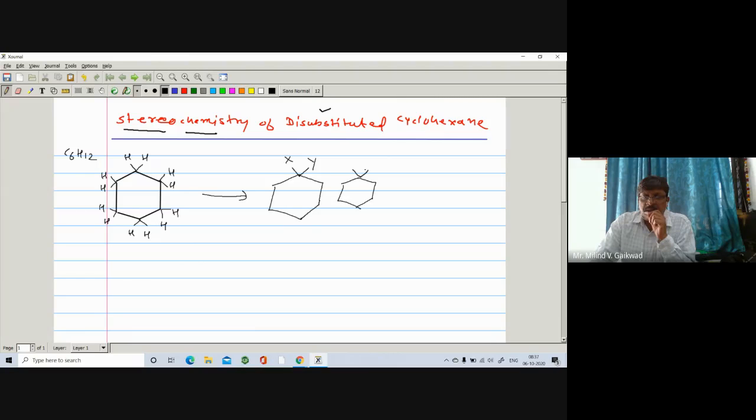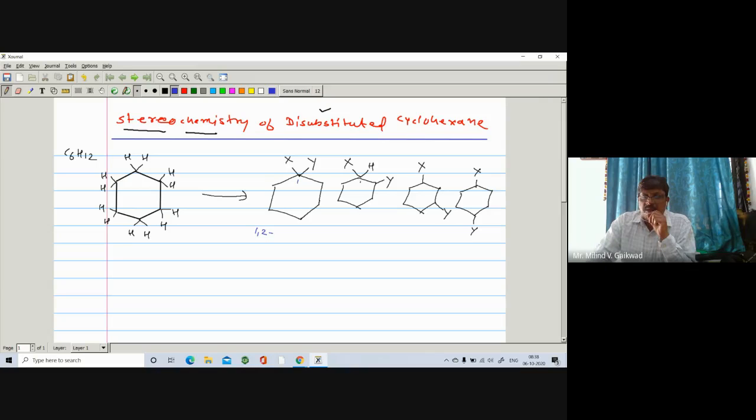Here is X, here is H, so here is Y. Then it may also be from 1 2 position, then here is a 1 3 position. I can write here X and here is Y, and one more compound, that is this one. Here is X and here is Y. So in this case, you'll see that they are at one position. So it is called a 1 2 disubstituted cyclohexane.